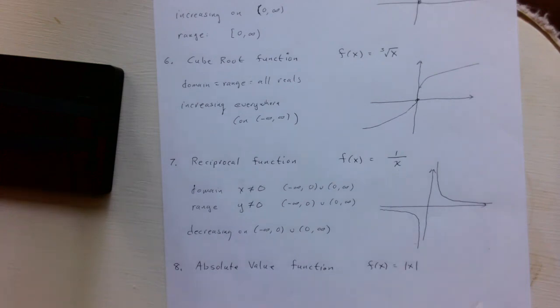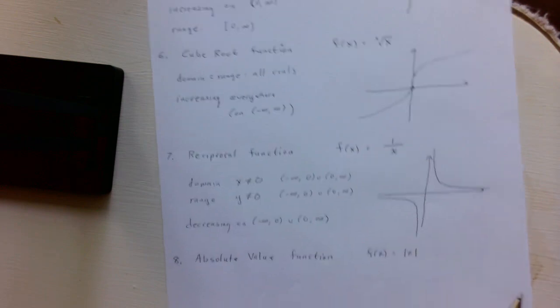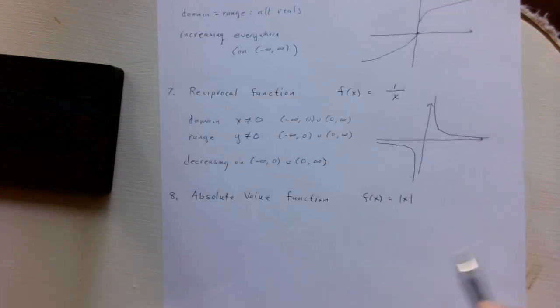This is kind of important, because it would be incorrect to say it's decreasing from negative infinity to 0 and then to infinity as one interval, because the values of 1 over x are actually higher here than they are here, but we wouldn't say that it's increasing.